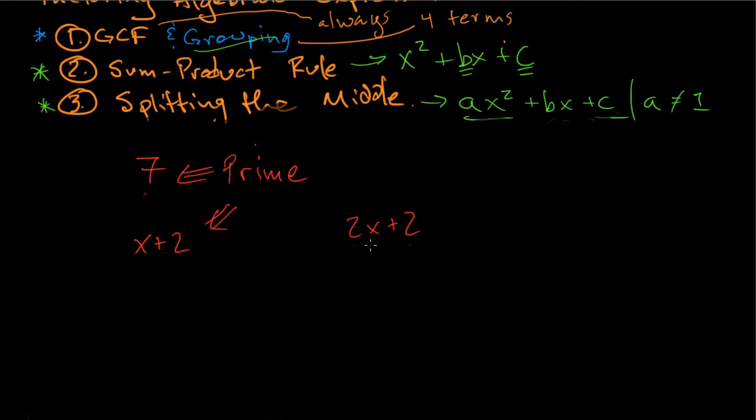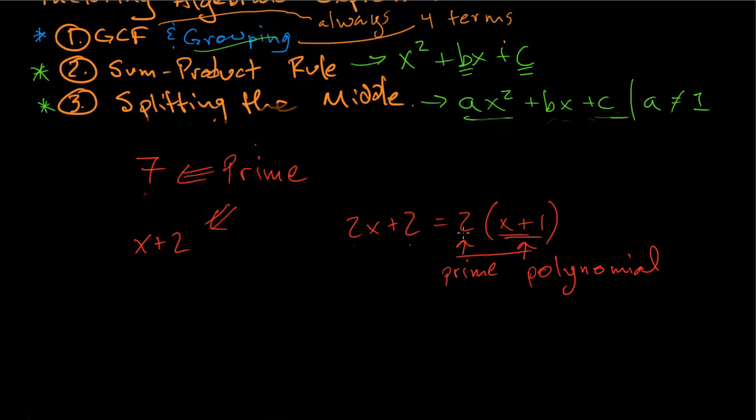The greatest common factor of these two terms is 2, so when I factor out the 2, I now have 2 times x plus 1. Notice that each of my factors now is a prime polynomial. So x plus 1 is a prime polynomial, and 2 is a prime polynomial.